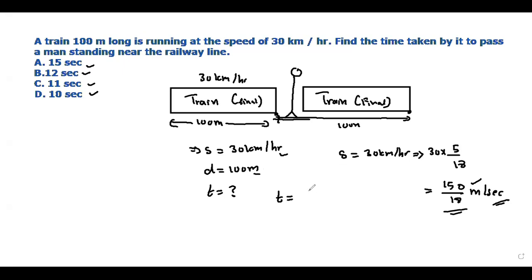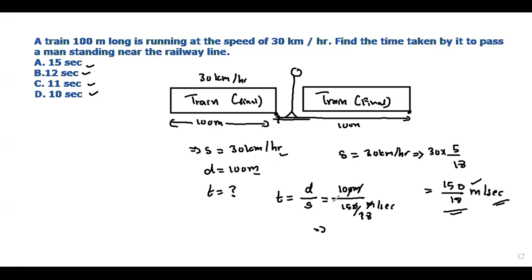So time taken is distance by speed. Distance is given as 100 meter divided by speed, 150 by 18 meter per second, right? Meters cancel.